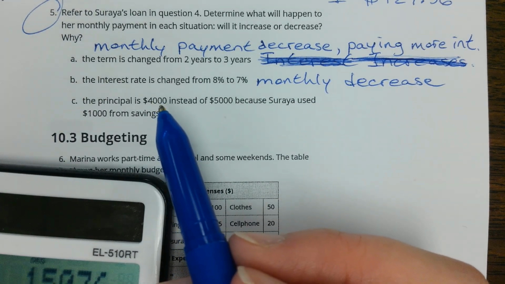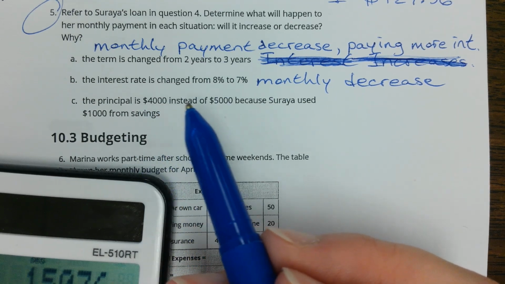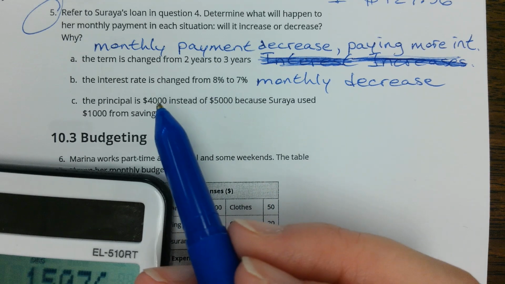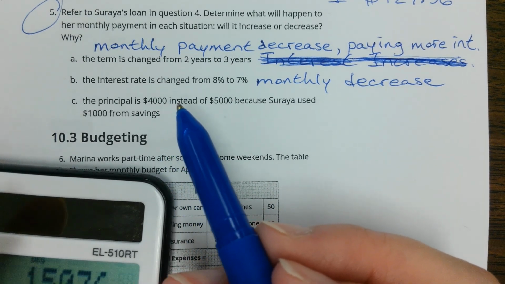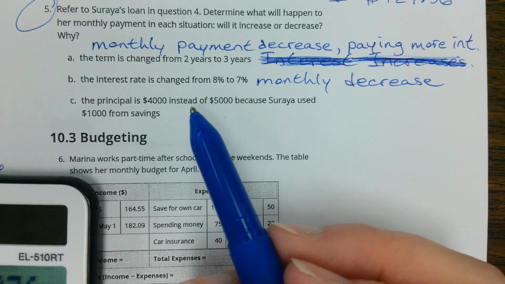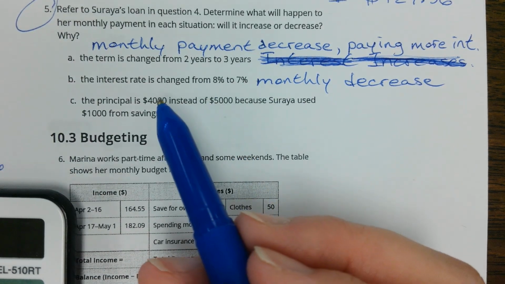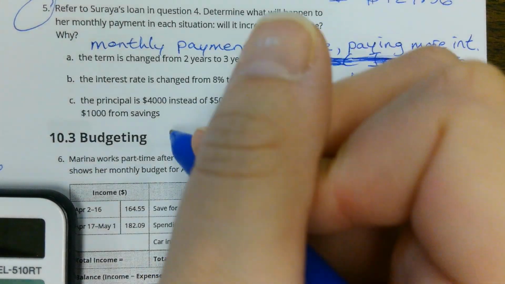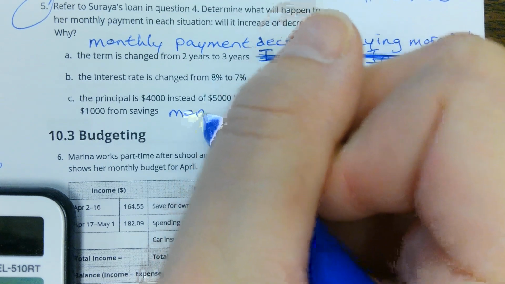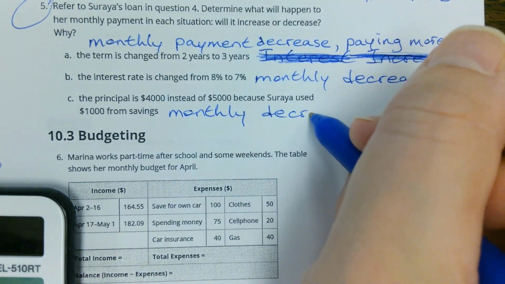Okay, and then what if the principal is 4,000 instead of 5,000? So the amount that you have to borrow decreases. Instead of borrowing $5,000, you're just borrowing 4,000. Also decrease. Yeah, because you're borrowing less money. Monthly payment will decrease.